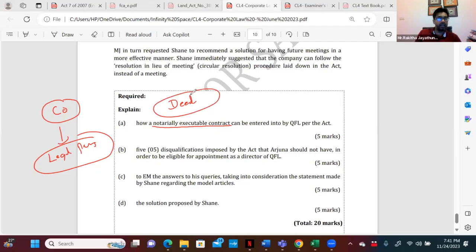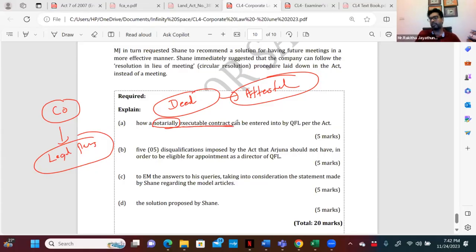Go and look at the deed that you have for your property, for your house, right? And there on the last page of the deed, you can see something called attestation. It's not the time for me to explain the subject, actually. I have to just explain the answer. But that is what we call a notarially executable contract.